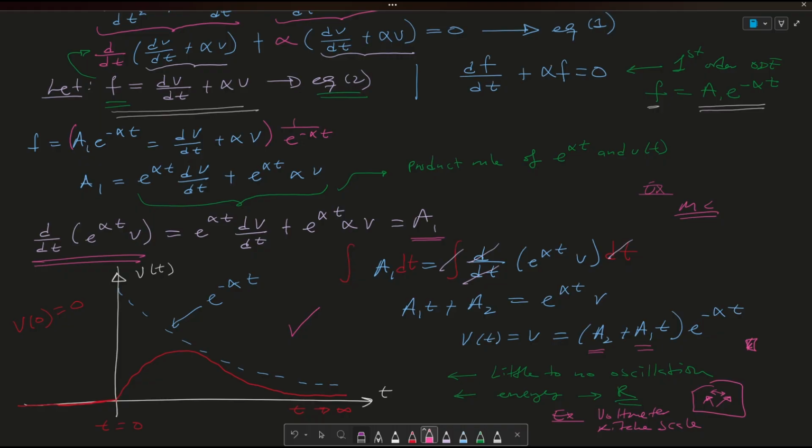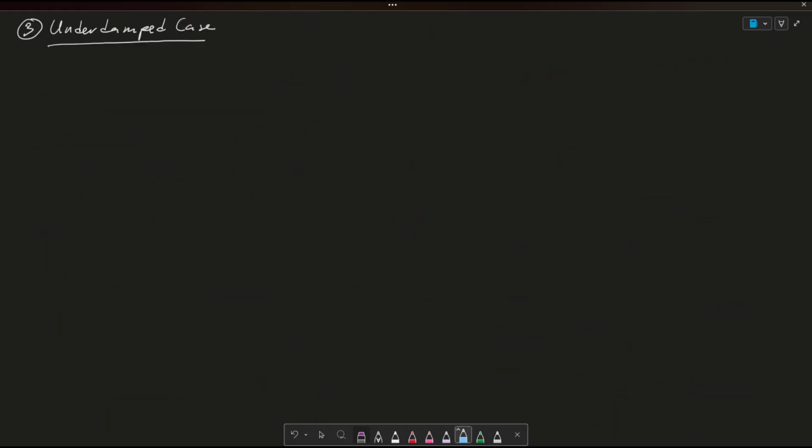So now let's dive into the last case, which is the underdamped case. For the underdamped case, the criterion says that alpha is less than omega naught. Let's find that critical inductance. So 1 over 2RC is less than 1 over the square root of LC.